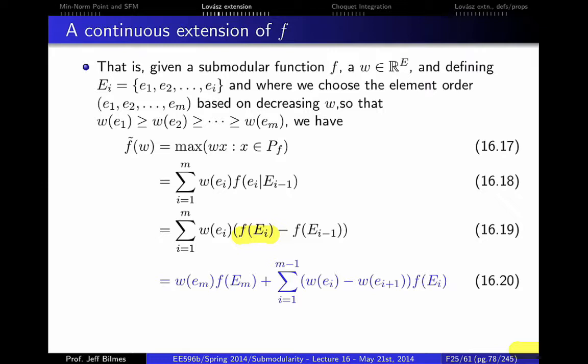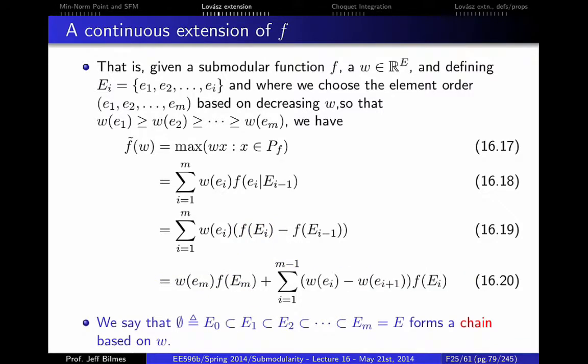If that makes any sense. And so we can write it in this fashion. And so we can then form this chain where the empty set is equal to E_0, and then this forms this chain based on w.